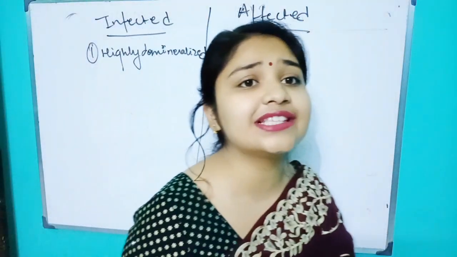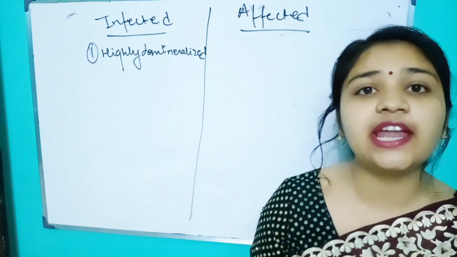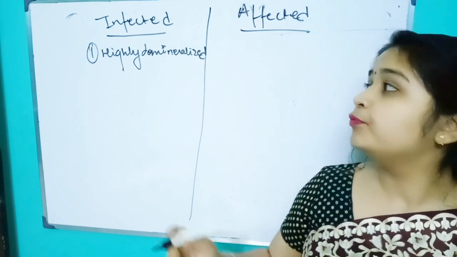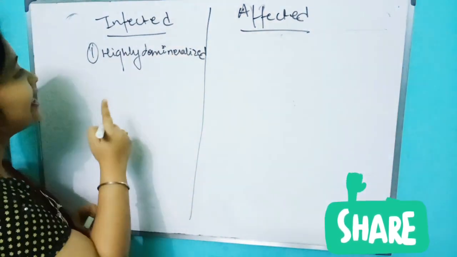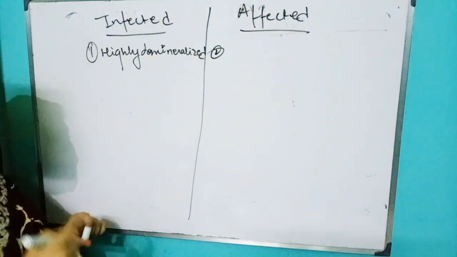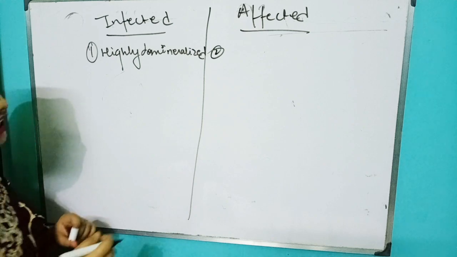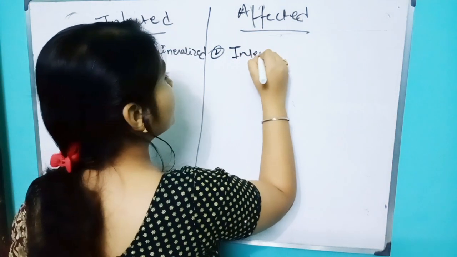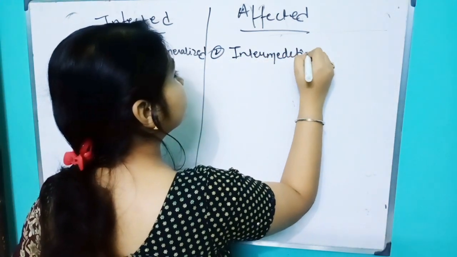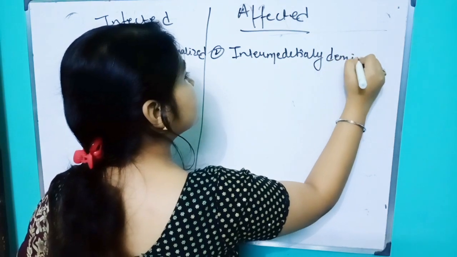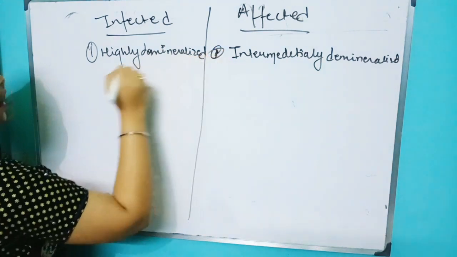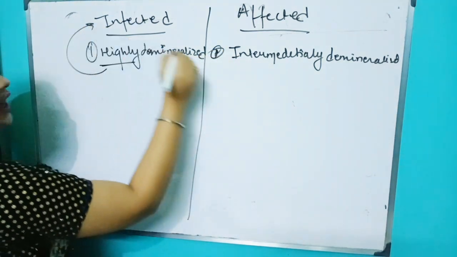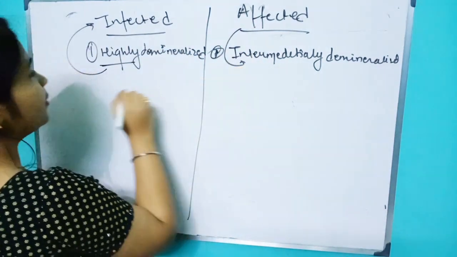Look, either caries is infected, or it is not infected, only affected. Okay, so in the infected it's highly demineralized. Second is intermediately demineralized. Now it is highly because it is infected. It is just affected, so it is intermediately.